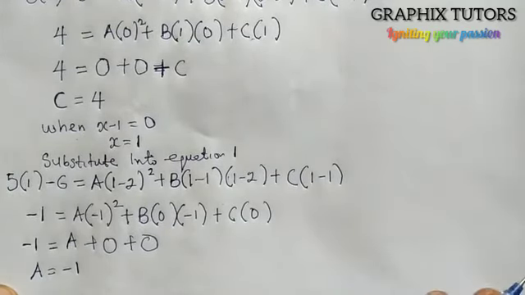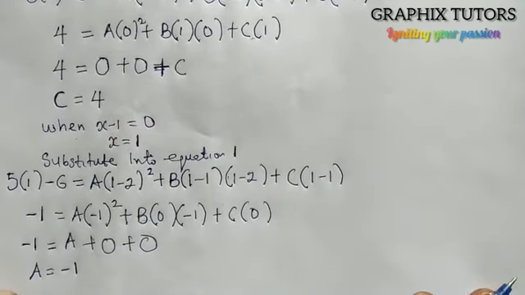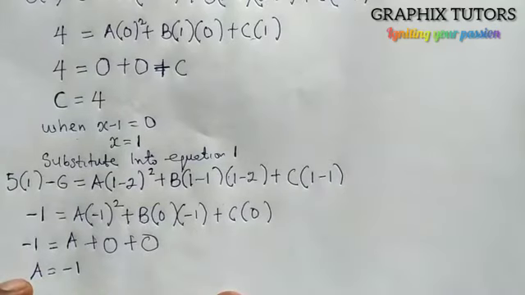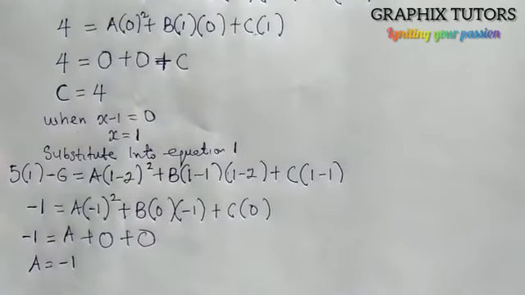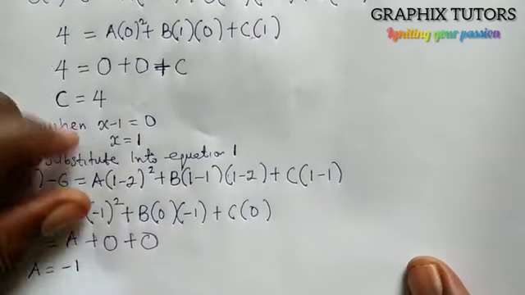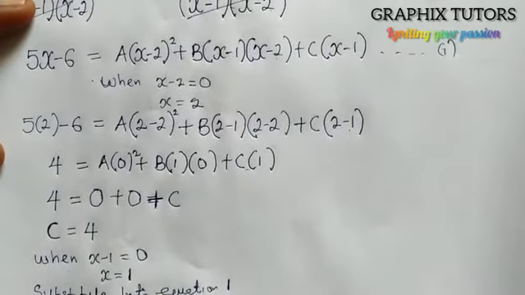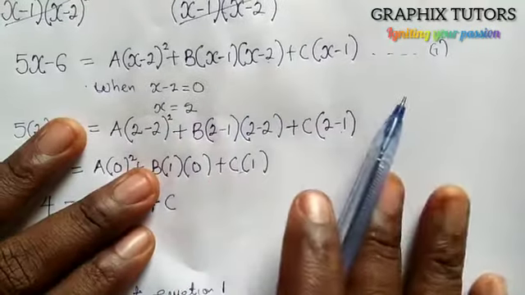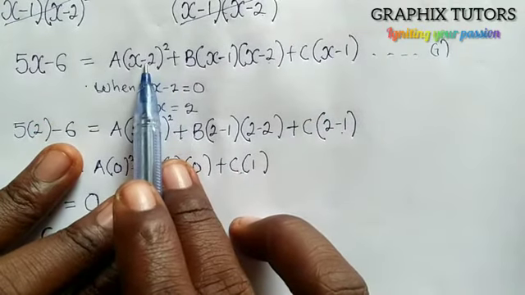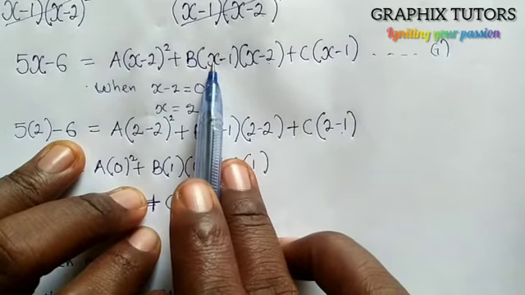Now the next one. We've gotten a, we've gotten b, now it is remaining c. Right? So now if you look at this, the only thing you can actually do here, because there is no way you can eradicate c, because the first time we only looked for the opposite of negative 2, which is plus 2, and the opposite of negative 1, which is plus 1.